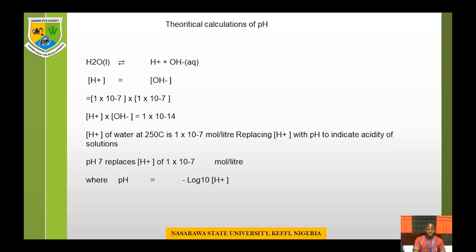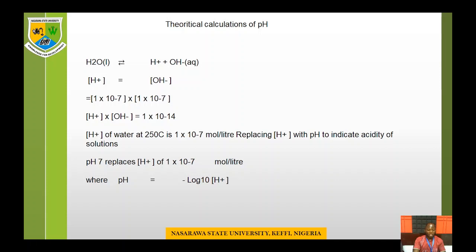So theoretically, we can calculate the dissociation equivalent of water as this. The hydroxy ion equals the hydrogen ion, and the constants for the hydrogen ion and hydroxy ion are both 1 times 10 raised to the power minus 7.